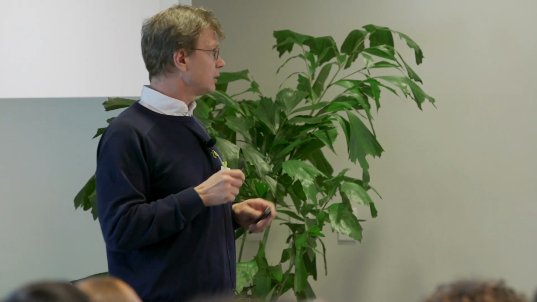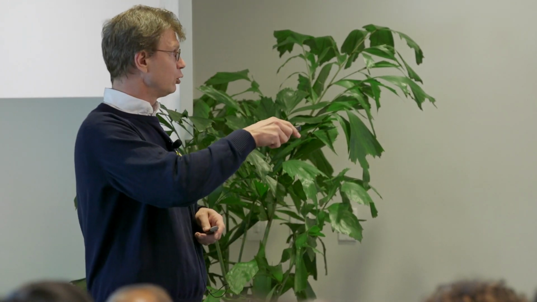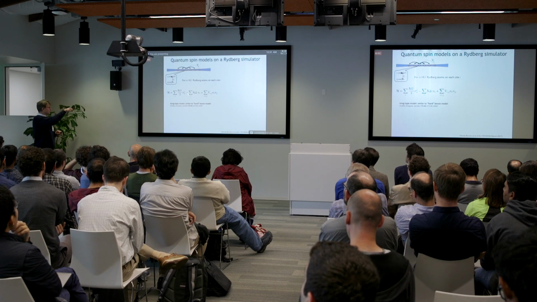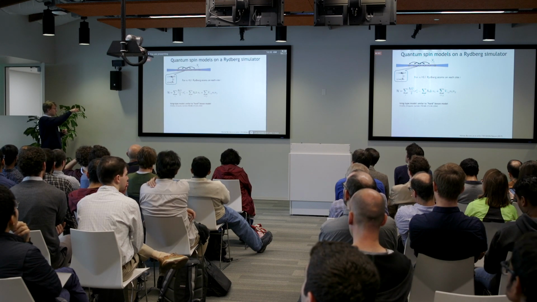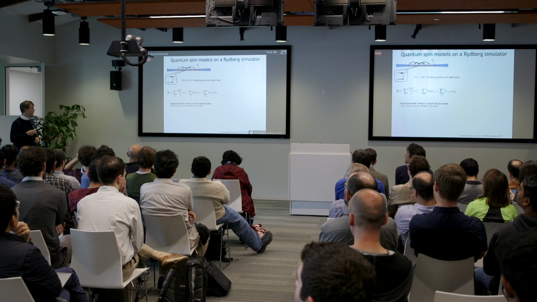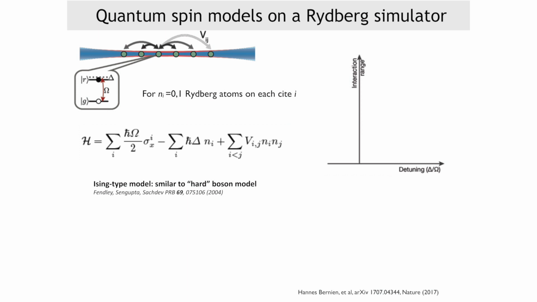The parts of this Hamiltonian are the following. This part is just a spin flip, like the one produced by the laser. This part is, if you want, a magnetic field in the z direction or a chemical potential, and this is an interaction. To understand what this Hamiltonian will do, we can look at a phase diagram, which we plot with two axes.